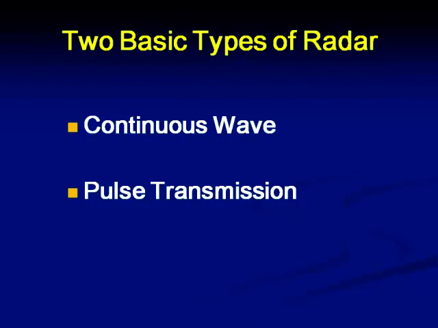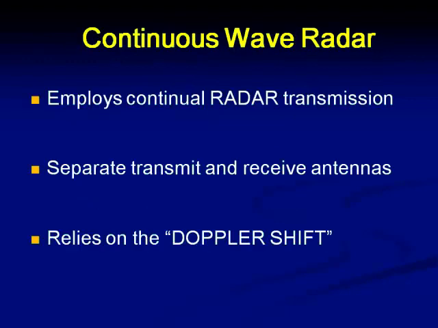Whereas in the second case, we are going to transmit pulses of energy, and during the intervening time between two pulses, we are going to receive the signal and process it. These two types have their own advantages and limitations. So let us see first what is a continuous wave radar, how does it operate, what are the advantages we have and what are their limitations.